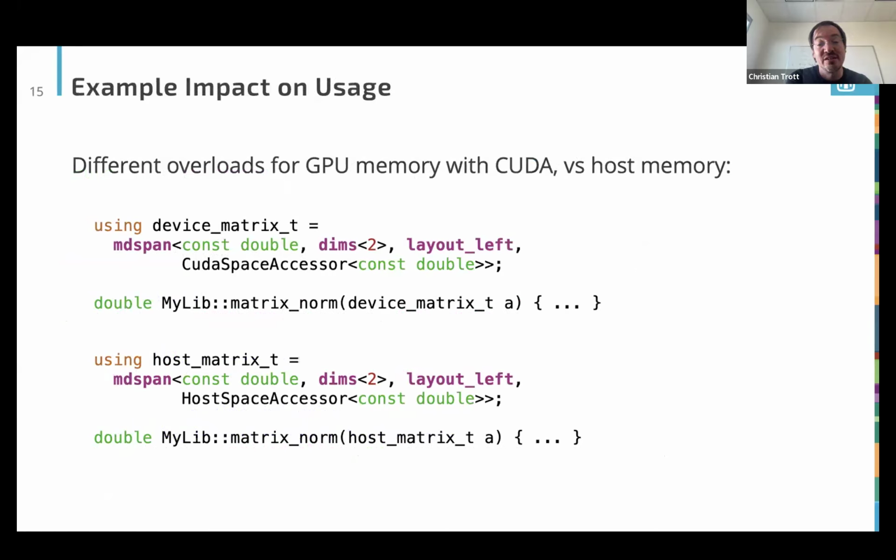You now would have one overload of your matrix norm which takes a thing where the accessor is a GPU accessor, and one where it's a host accessor. That way, if the user gives you the right mdspan, it will select the correct overload, and you can dispatch to, say, cuBLAS in one case and CBLAS in the other case, or MPL or something like that.